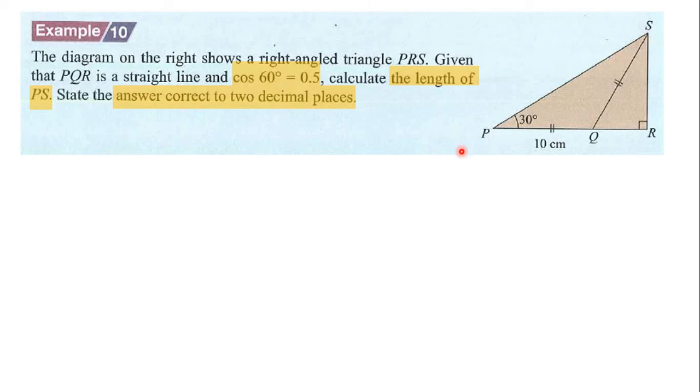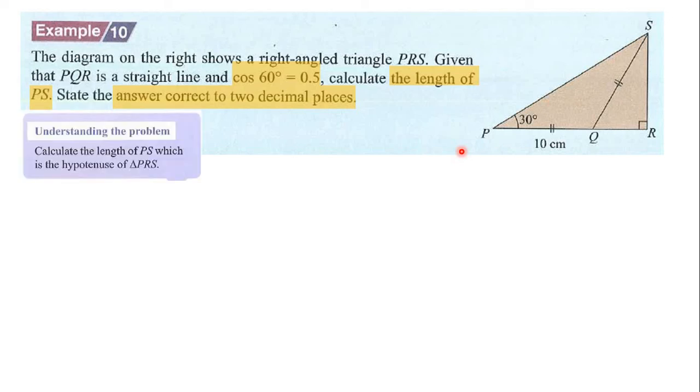So, what can you do to find the length of PS? First, understand the problem. Calculate the length of PS, which is the hypotenuse of triangle PRS. Okay, this one is the hypotenuse. You have to refer to this triangle PRS, not PQS, because PQS is not a right angle triangle. The right angle triangle is PRS. So this one is what you want to find.